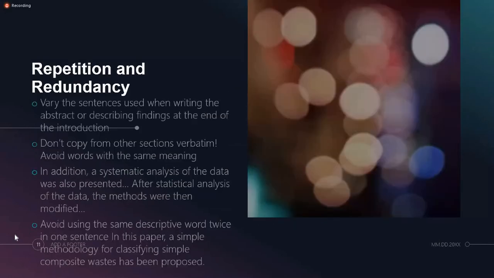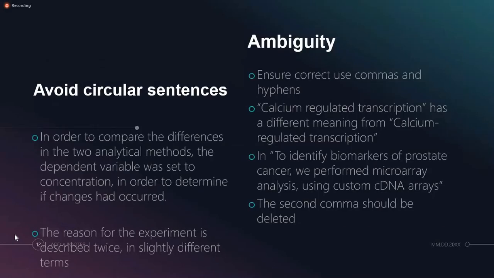Okay, the next issue with the writing is circular sentences. I won't spend too much time on this slide. You can see, for example, the sentence "calcium regulated transcription has a different meaning from calcium regulated transcription." So you are starting a sentence with some terminologies and ending those sentences on the same terminologies.